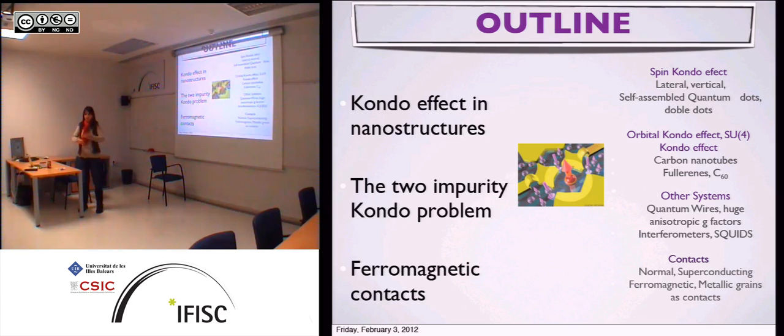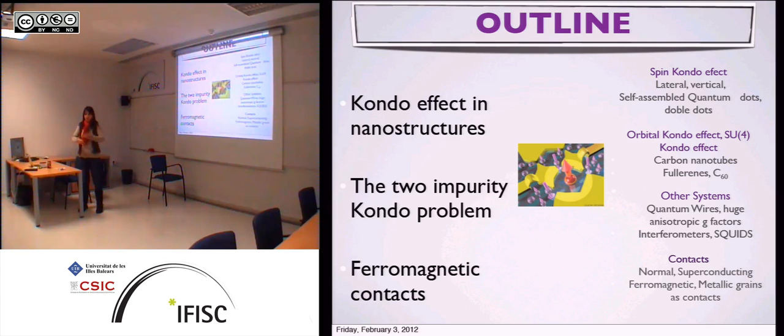The up and down dot spin levels are renormalized differently because you have different transparencies depending on the spin direction. So if you renormalize up and down electrons in a different manner, the renormalization just gives you some splitting between the up and down levels of the dot.